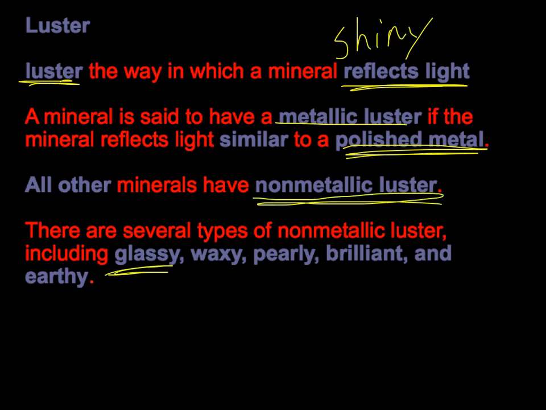It could look glassy, it could look waxy, pearly, or earthy if it looks kind of dull. Earthy is more of a dull. Waxy and pearly will all reflect some light. Pretty much we just identify them as metallic luster, which is shiny, nice shiny metal, or a non-metallic luster.